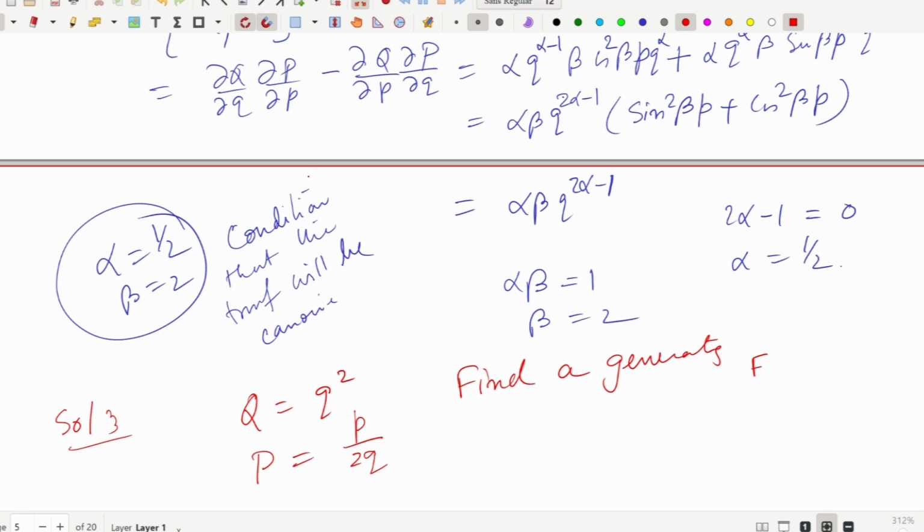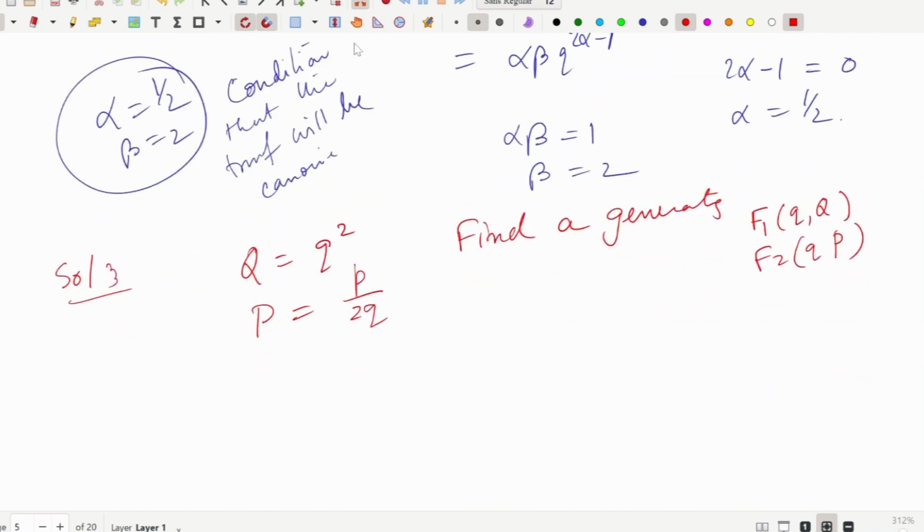For example, f1 was a function of q and Q, I am assuming no time dependence, f2 was a function of q and P, and similarly. So, let us try. You have to try which one will be suitable. In this case we find f2 will be suitable. So, for f2 the equations are del f2 del q is p, and del f2 del capital P is capital Q.